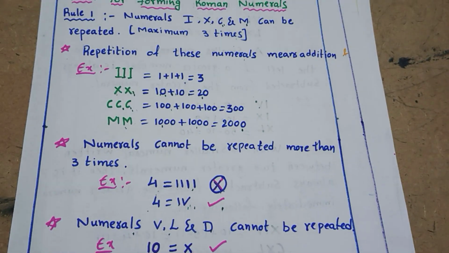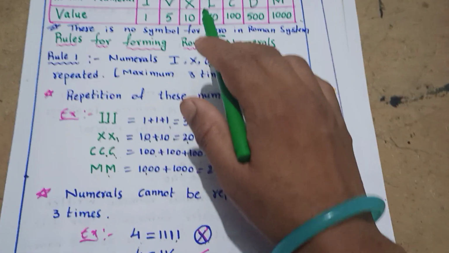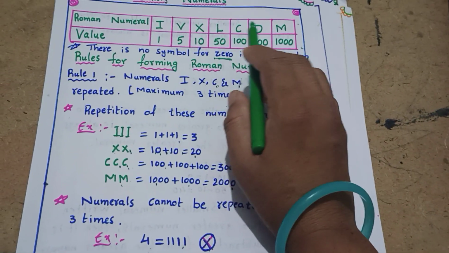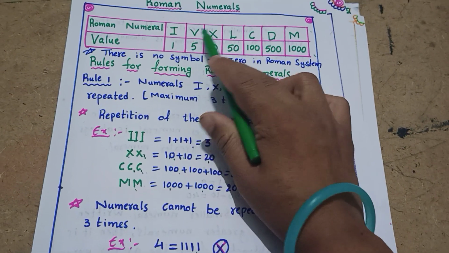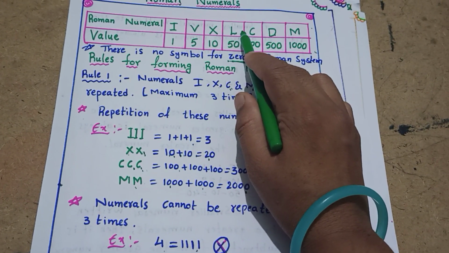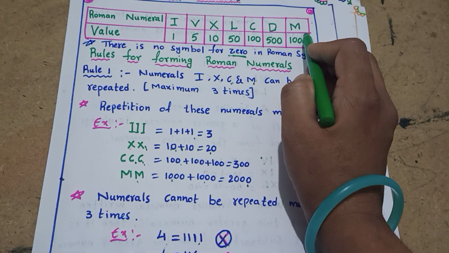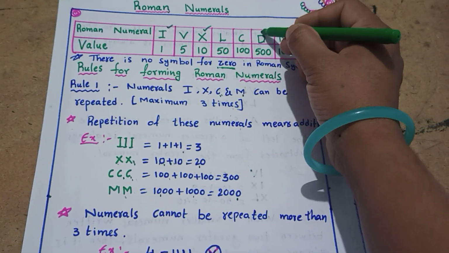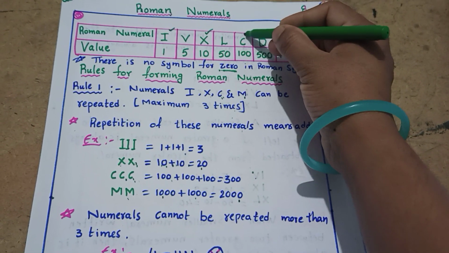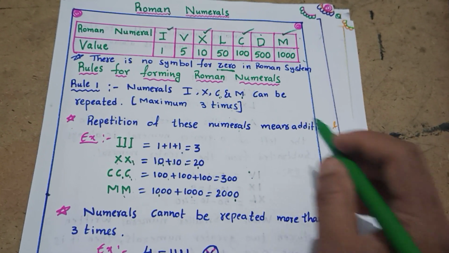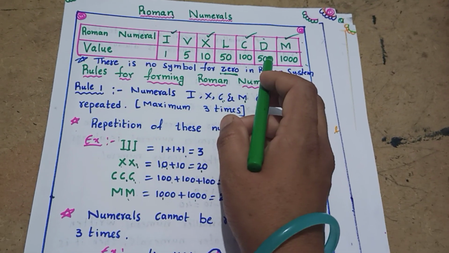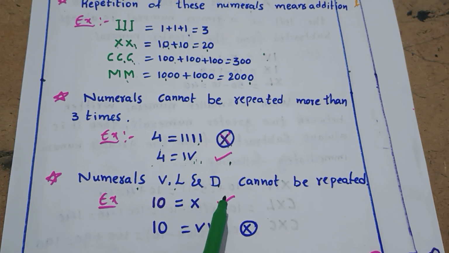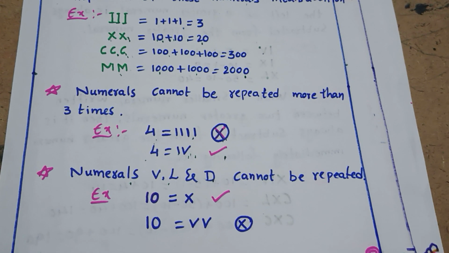But the remaining letters, V, L and D, cannot be repeated.